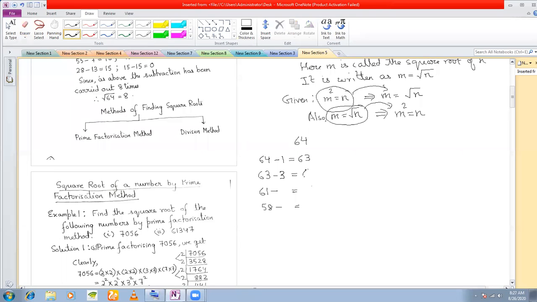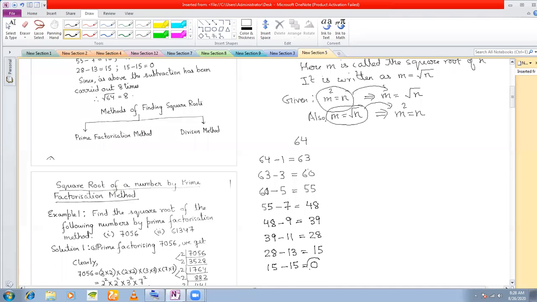So 63 minus 3 will give you 60. 60 minus 5 is 55. 55 minus 7 will give you 48. 48 minus 9 will give you 39. 39 minus 11 will give you 28. 28 minus 13 will give you 15. 15 minus 15 will give you 0.